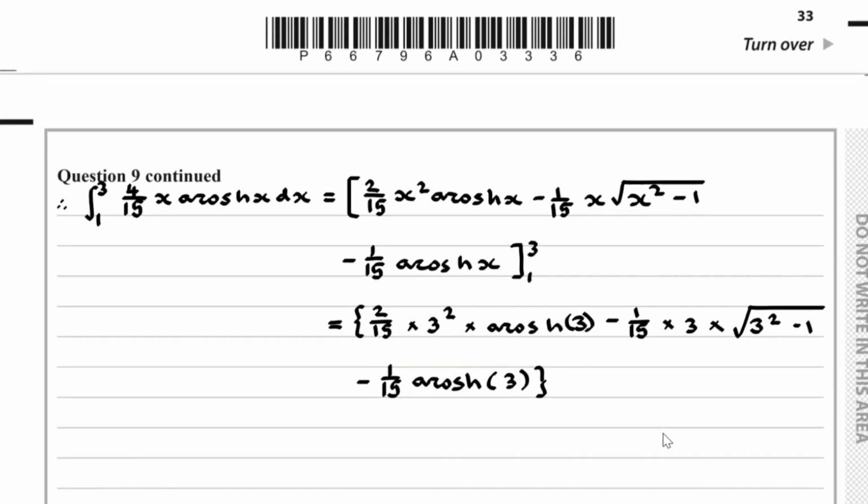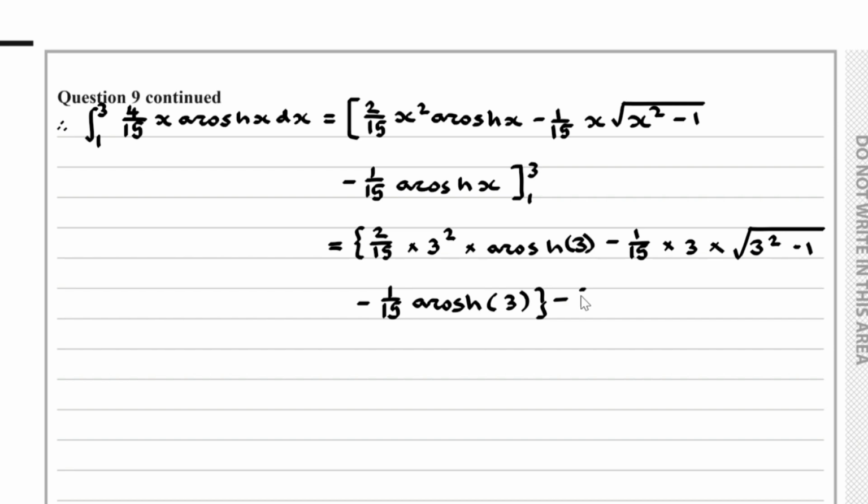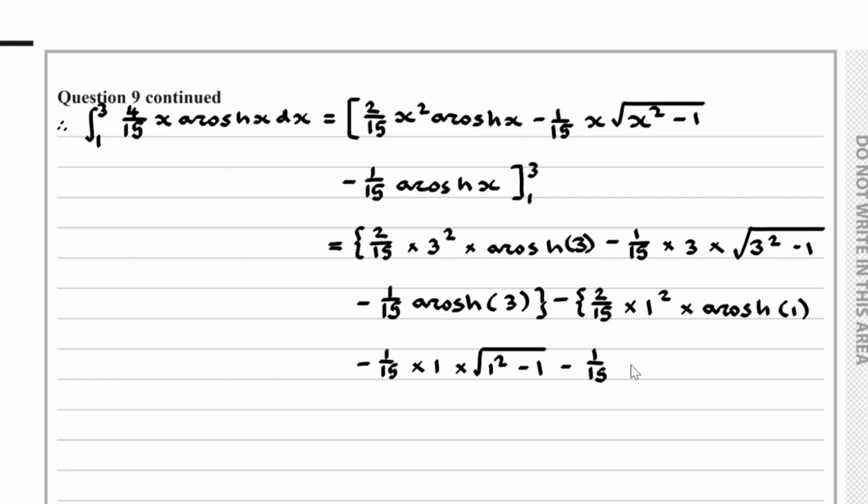So this is what we get for our upper limit. And for our lower limit, we've got 2 over 15 times by 1 squared times by the inverse hyperbolic cosine of 1, minus 1 over 15 times by 1 squared minus 1 square rooted minus 1 over 15 times by the inverse hyperbolic cosine of 1.